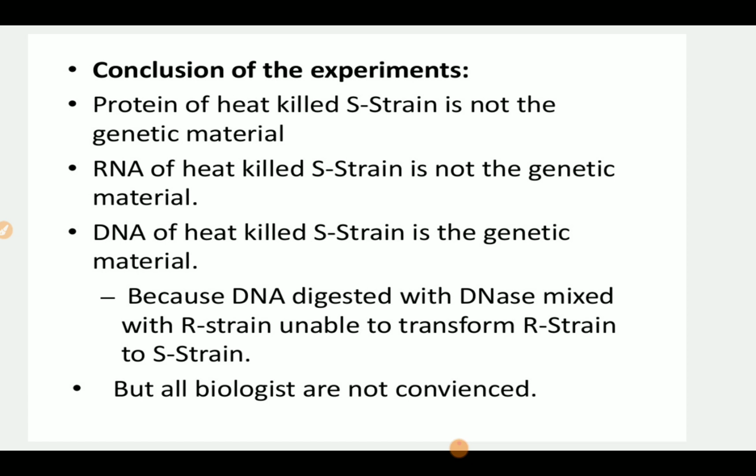So they required some more proof, the direct proof, and that proof was given from the next experiment, which is the transduction experiment. So let us discuss the transduction experiment.